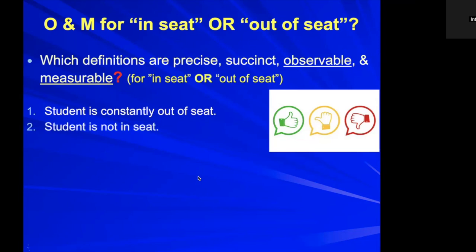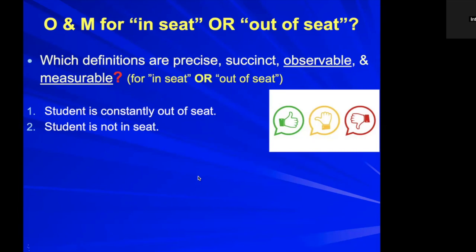Well, how about this one regarding the seat? Student is not in seat. If you're not yet familiar with one of the requirements for a precise definition, we try to avoid negative words, what are known as void words.